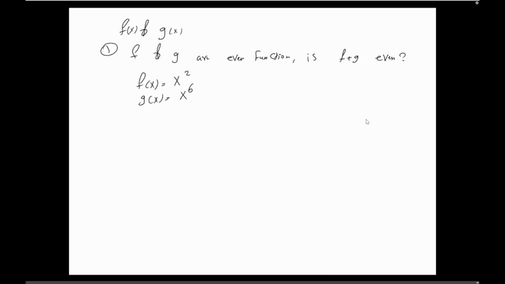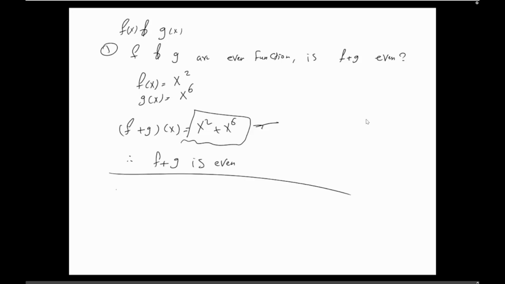So let's write our f plus g of x, which is equivalent to x squared plus x to the power 6. If you look at this function, it's obvious that it is even. So yes, our answer is even. So this was the first condition.